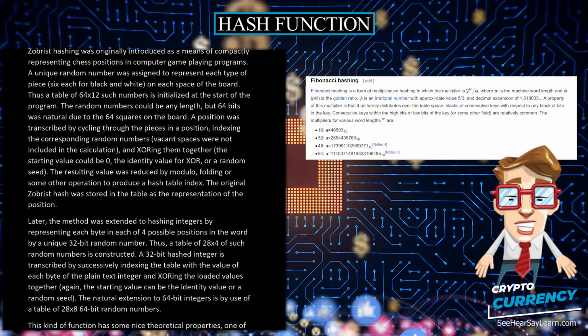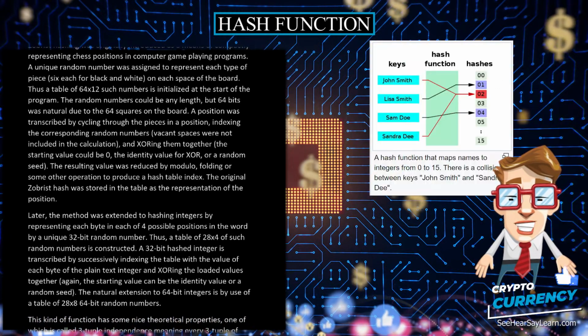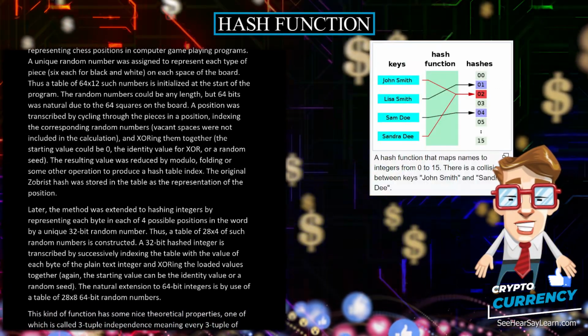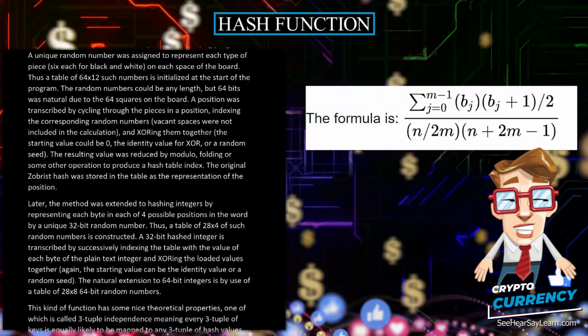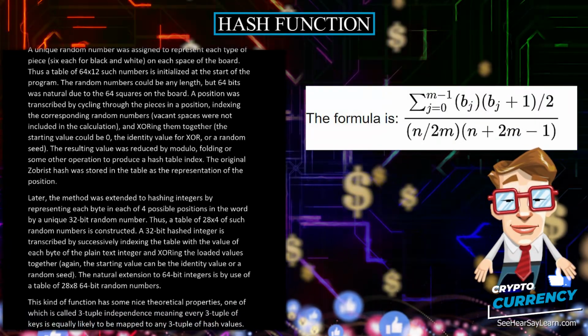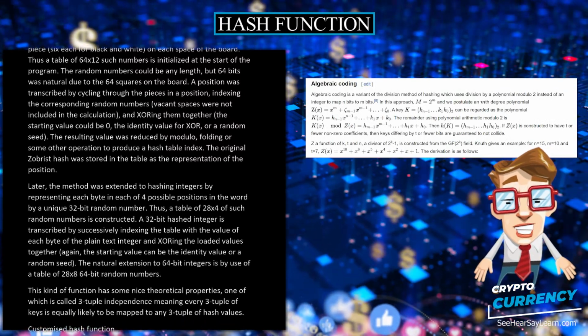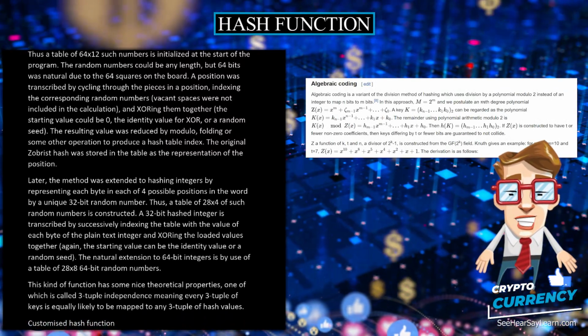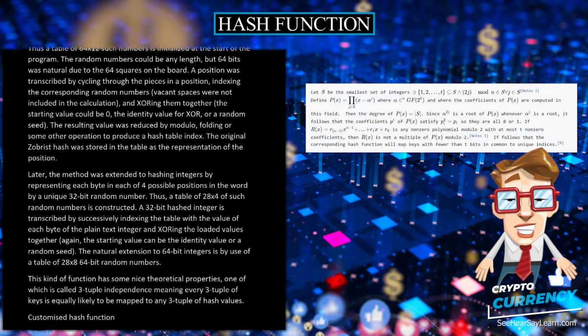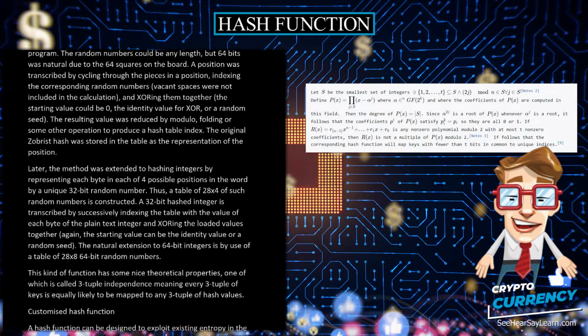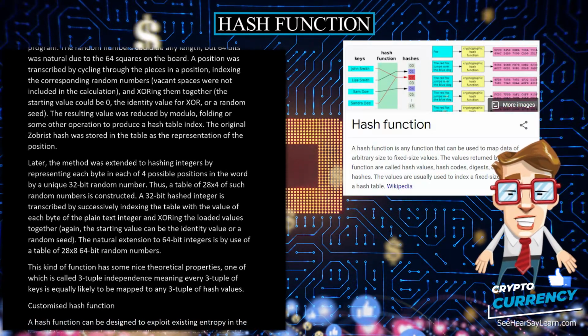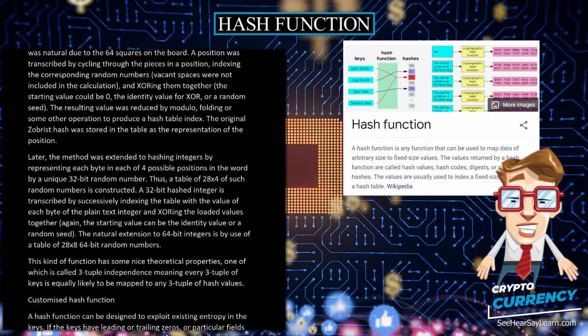Later, the method was extended to hashing integers by representing each byte in each of 4 possible positions in the word by a unique 32-bit random number. Thus, a table of 2^8 by 4 of such random numbers is constructed. A 32-bit hashed integer is transcribed by successively indexing the table with the value of each byte of the plain text integer and XORing the loaded values together.